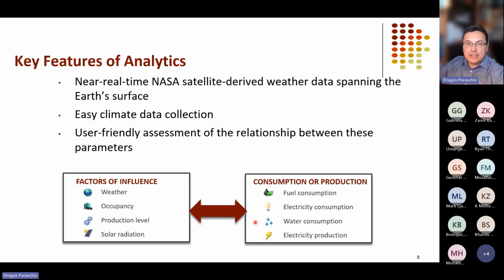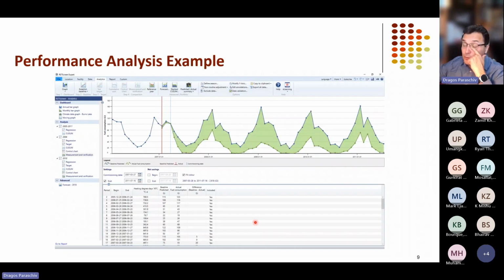Now, once we process this data, this example here is very relevant for understanding the process of measurement and verification of an energy efficiency project or renewable energy project.